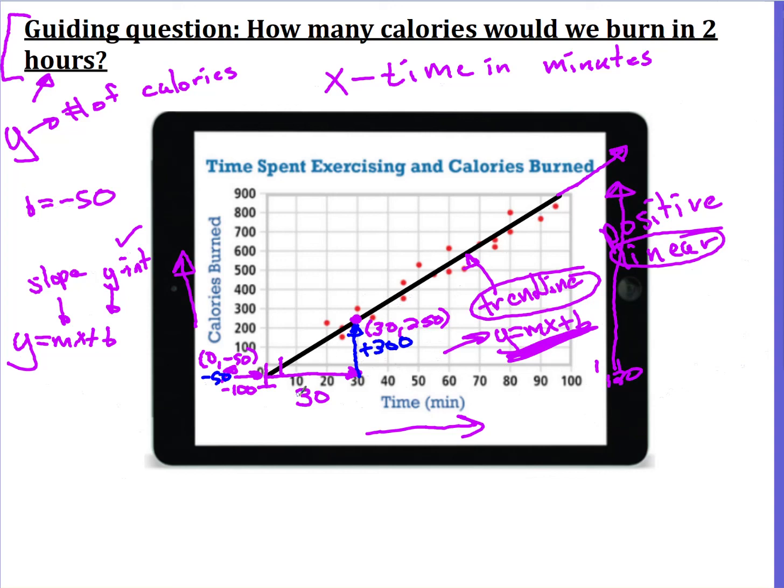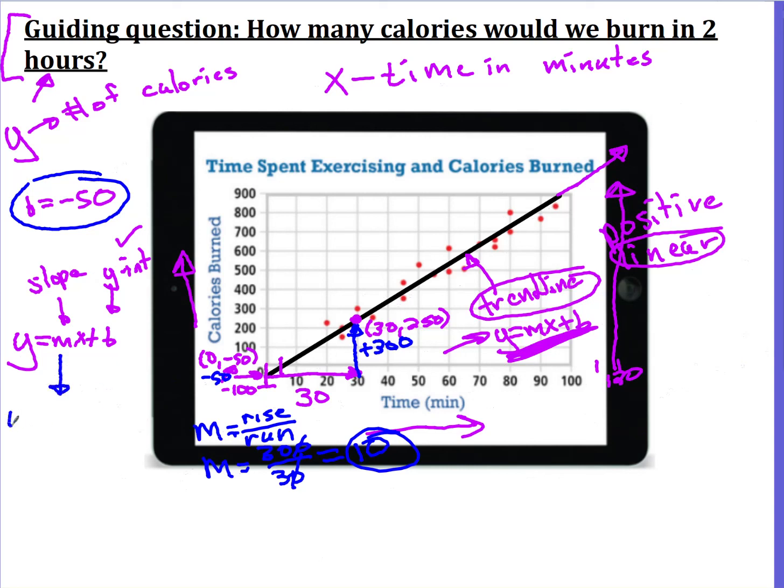So it ran 30, it rose 300, and we know my slope is just defined as rise over run. So I've got a slope here. It is just the ratio of 300 over 30, and that reduces down to 10. 300 divided by 30, that's just 10. So I've got my slope, I've got my y-intercept, and that means we have our equation.